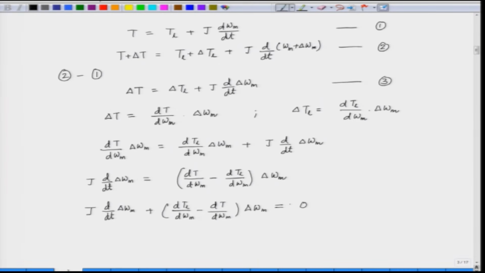Now, this is a very important equation. This equation is a first order equation in d by dt of delta omega m. So, we have to find the solution of this equation.